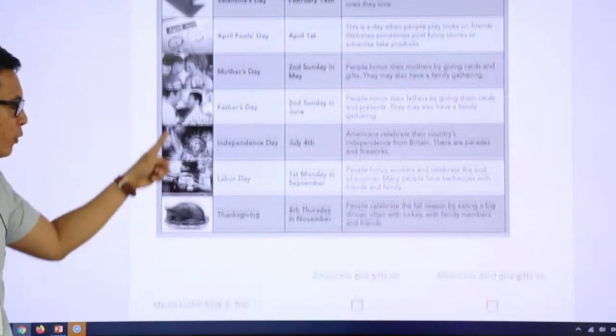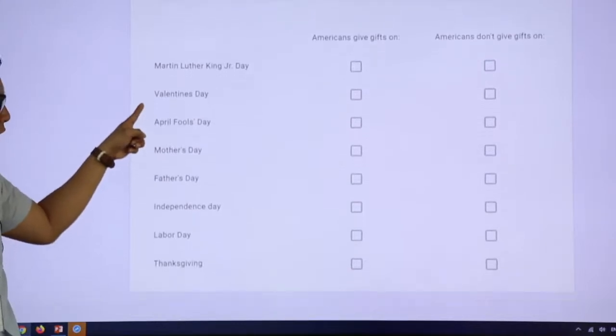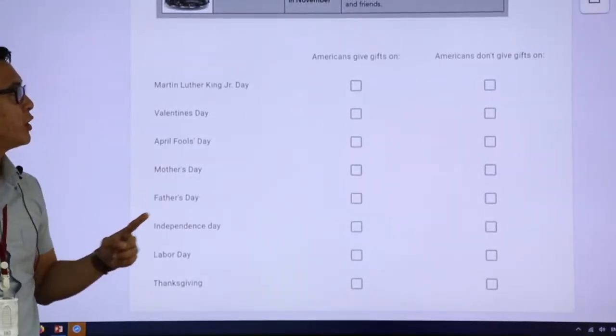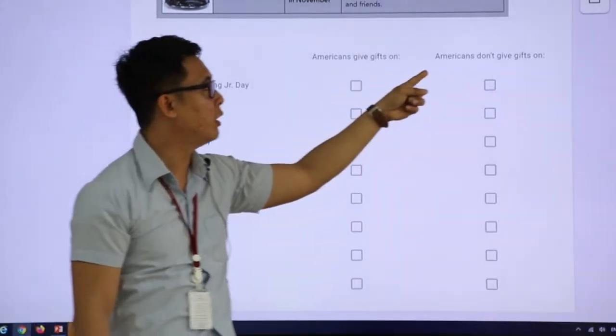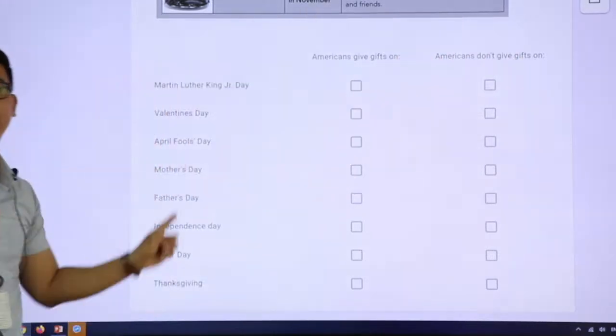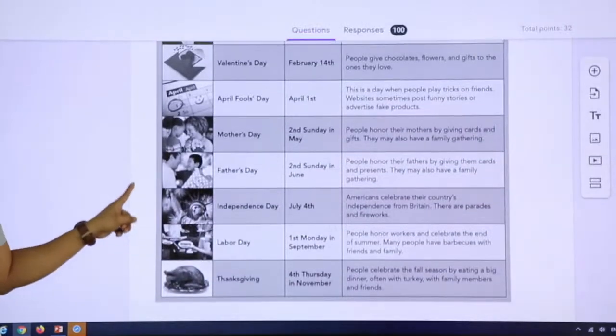I want you to tell me whether Americans give gifts or don't give gifts on the following celebrations. So first, read this one.